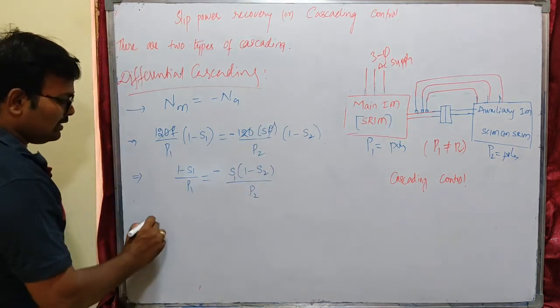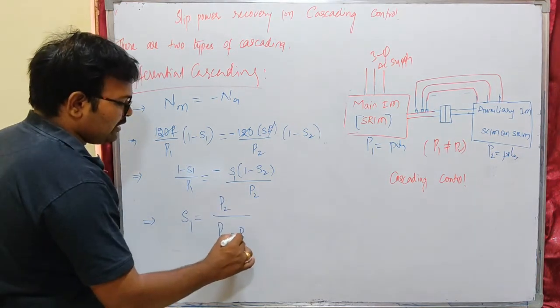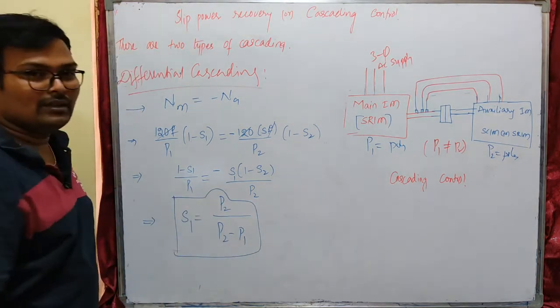If you rearrange this, the S1 value will become P2 by P2 minus P1. This is the value of the slip of our main induction motor.